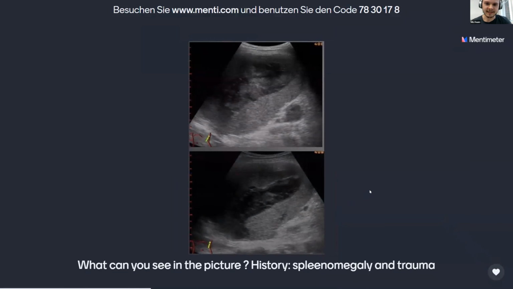Then we have the next one. We also have 2 pictures here. The first picture is taken at time 1, and the second picture at the bottom is taken 2 weeks later. And you also have a history: a splenomegaly and a trauma.